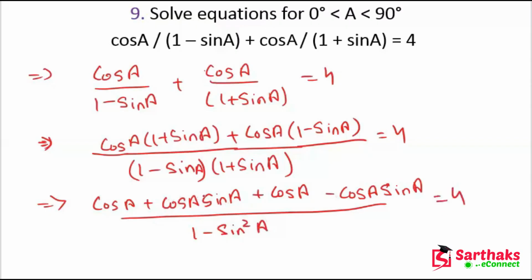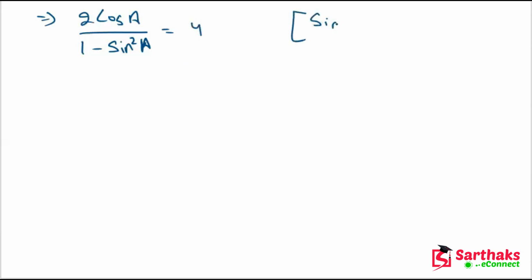From this, the cos A sin A term and the minus cos A sin A term will cancel. So we get 2 cos A divided by 1 minus sin square A, which is equal to 4. We know that sin square A plus cos square A is equal to 1, and from this cos square A is equal to 1 minus sin square A.